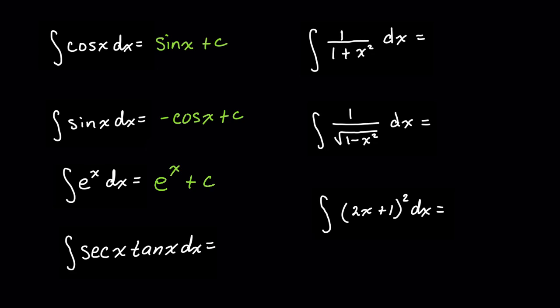The antiderivative of secant x tangent x dx is equal to secant of x plus c. Now this one, we don't use this very often, and so one of the things you need to do is recognize this as something besides what we were working with over here, and it's not the x to the n antiderivative.